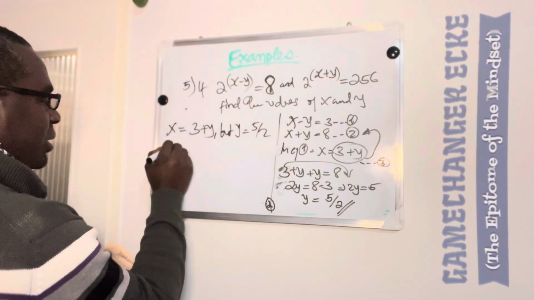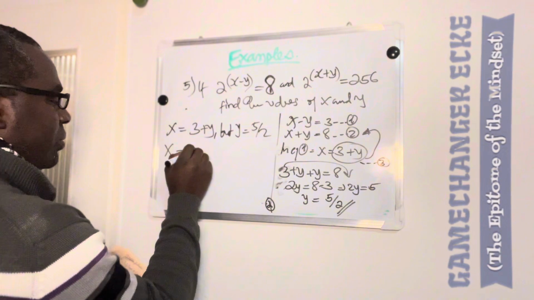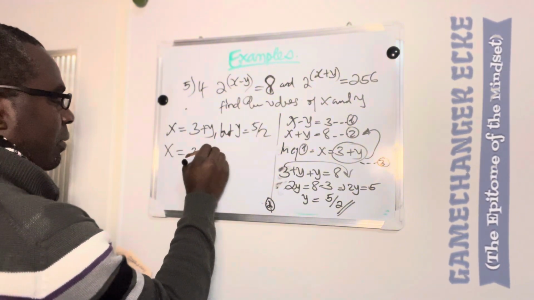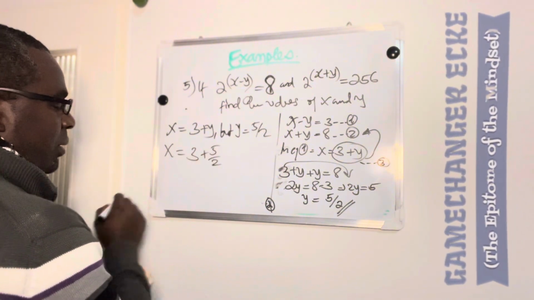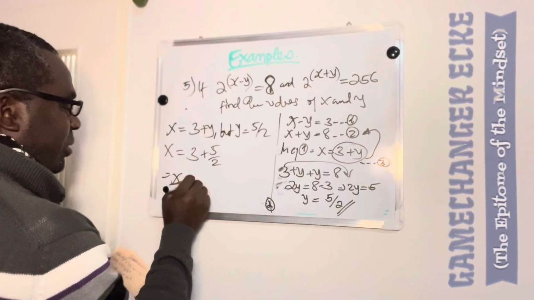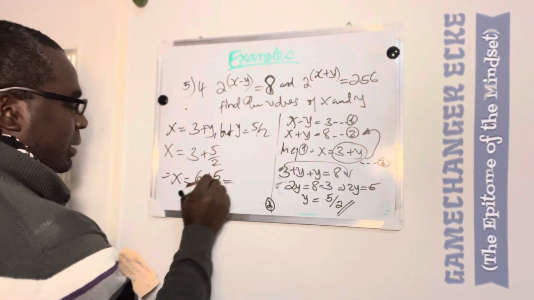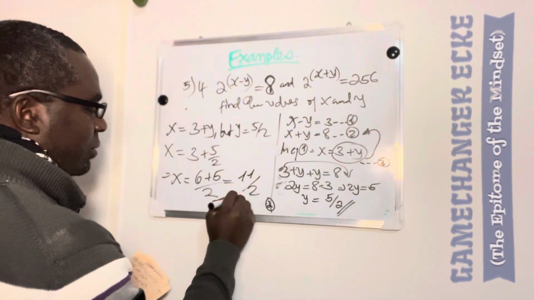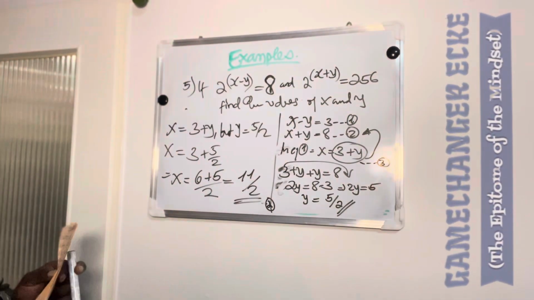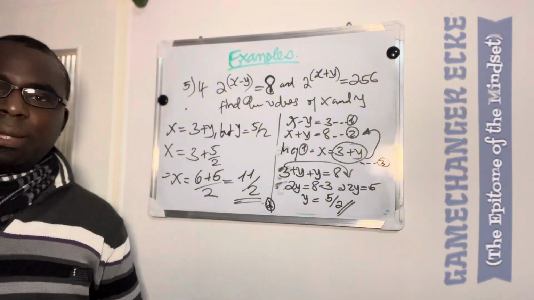So x is equal to 3 plus 5 on 2, which is the same as 6 plus 5 on 2, and this is 11 on 2. So that's your answer for x and y.